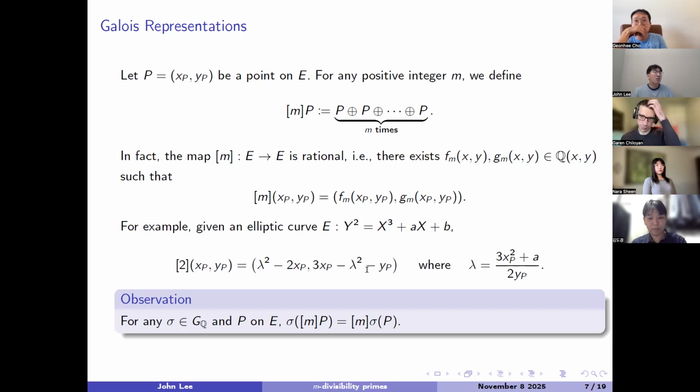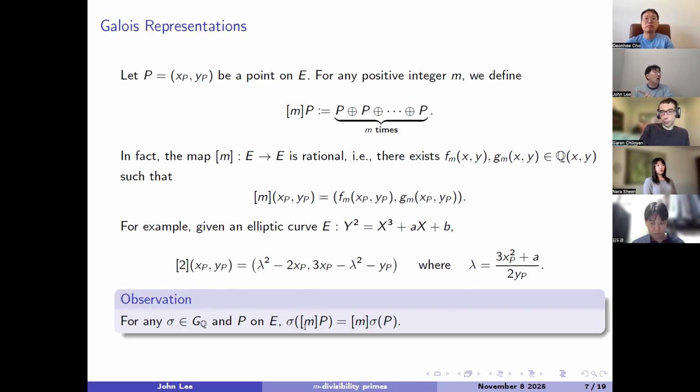Why does it matter? Because the multiplication by m map is rational, sigma, the Galois automorphism, and this multiplication by m map can interchange. So this means you take xp and yp, and you add, subtract, multiply, divide by some rational numbers. And if you apply sigma to that, it is going to respect all these additions, subtractions, multiplications, divisions by rational numbers.